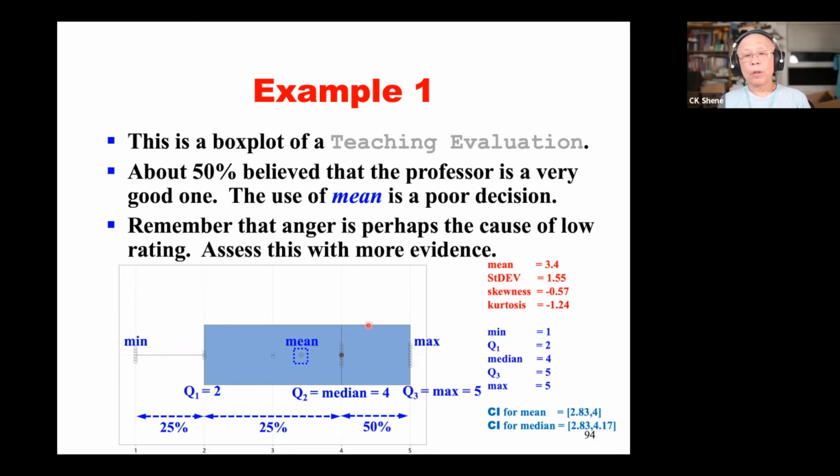Therefore, from Q3 to maximum, we have 50%. As a result, as we mentioned, the use of mean is misleading and is a poor decision. Remember that anger is perhaps the cause of low rating. So assess this with more evidence.